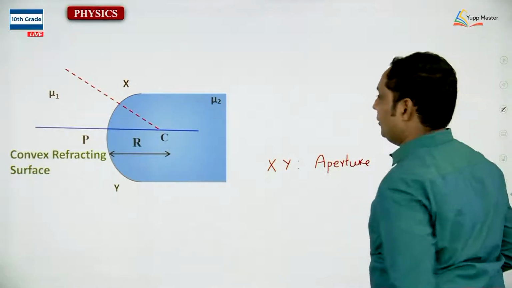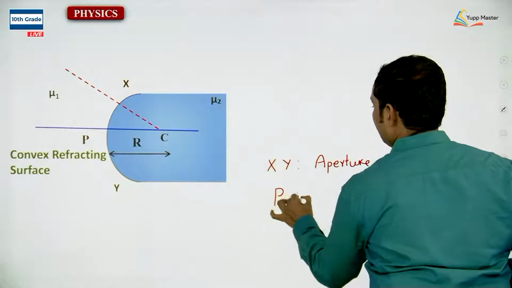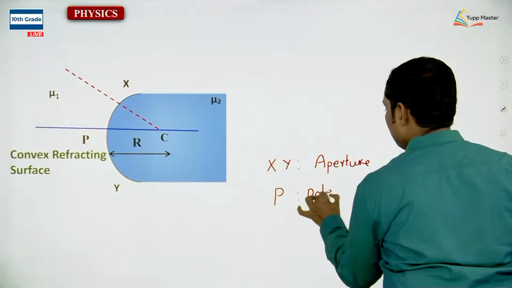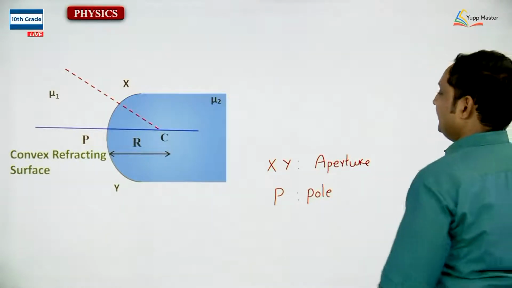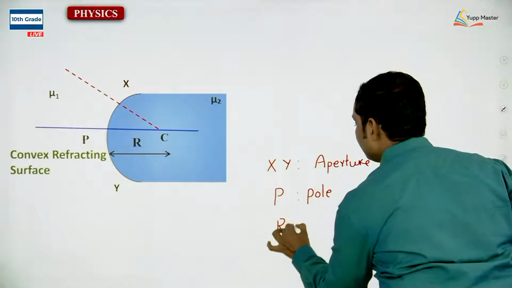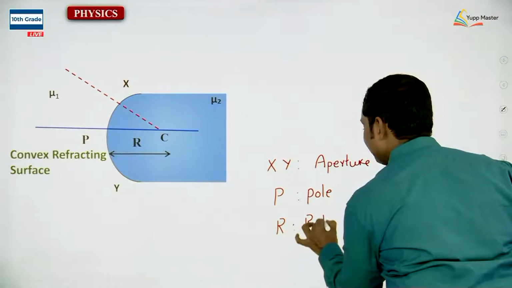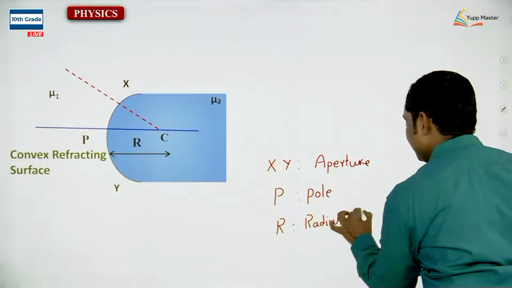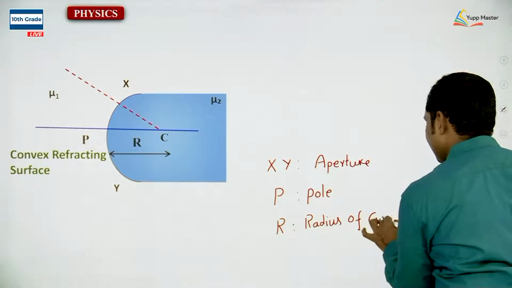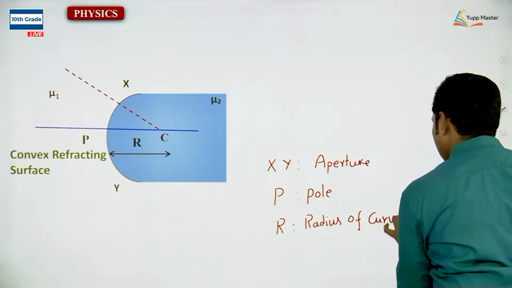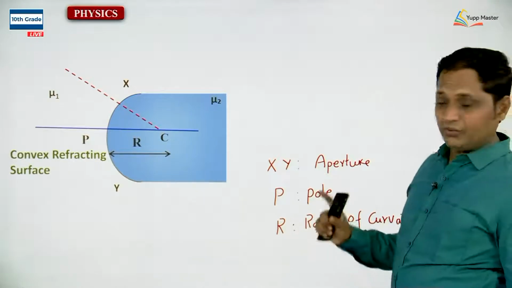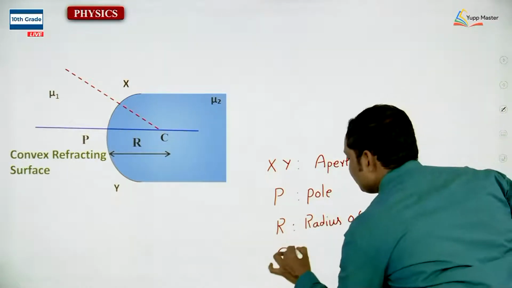P is the pole. R is the radius of curvature. C is the center of curvature.